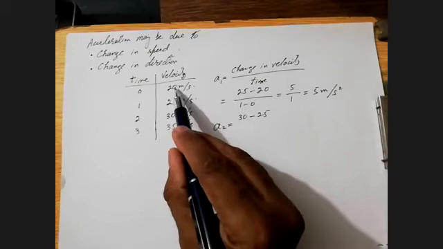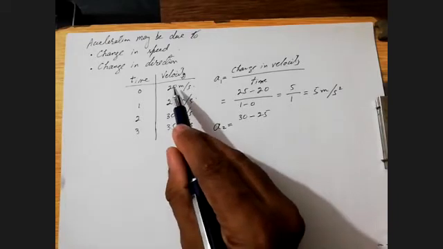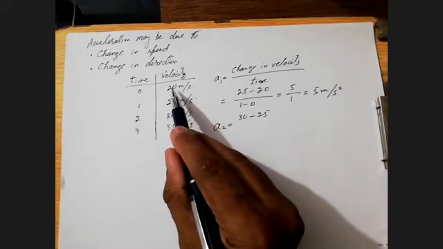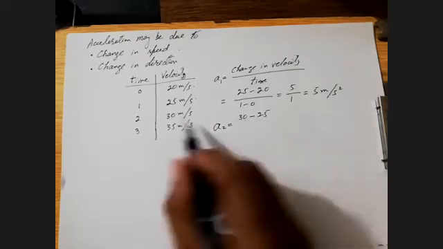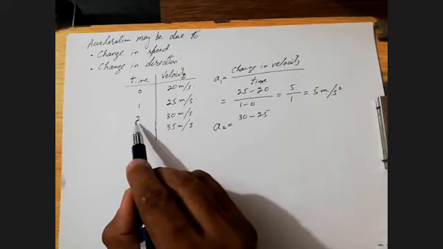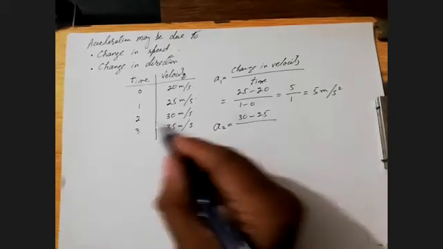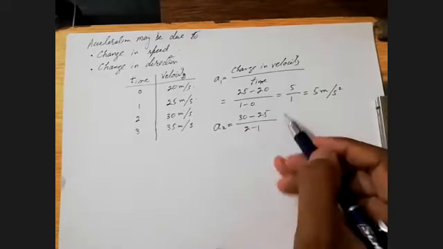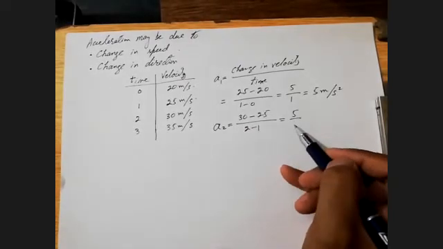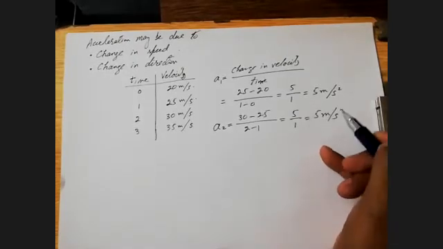Initially the velocity was 20, but then it became 25. So from the final velocity, I subtracted the initial velocity. Again, I am taking this interval from 1 till 2 second. So 30 minus 25 over 2 minus 1. Again, you can see that it is 5 over 1, which is equal to 5 meter per second square.